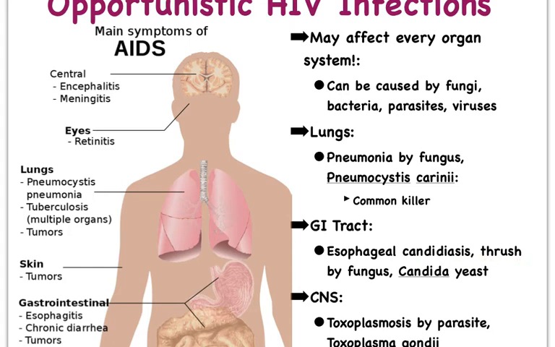Thrush is that white covering that we often might see in people who develop thrush, for instance, when they're in chemotherapy because they're so immunocompromised. So the Candida yeast is often the major culprit here, and then even parasitic infections by Toxoplasma gondii. So those are some important culprits, or microorganisms, for you to memorize with regards to the opportunistic infections that occur in AIDS.